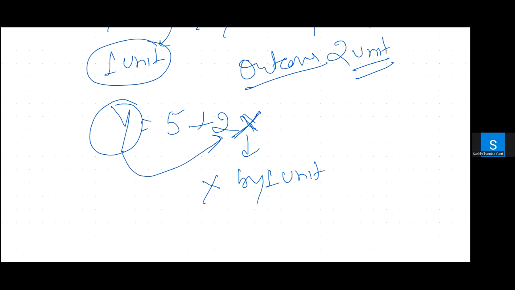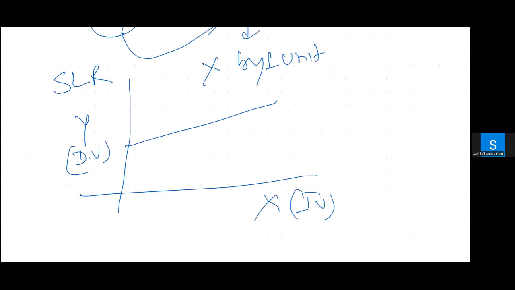Now let's depict the same simple linear regression in a scatter plot or in a graphical way. This is x, the independent variable, and this is y, the dependent variable. If we plot this, we will have a regression line or trend line like this, an oblique regression line.